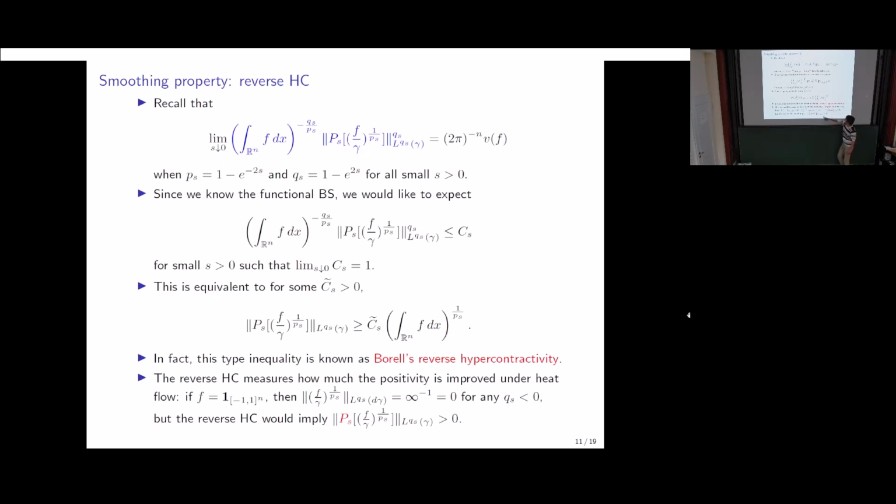So therefore, this is also positive. So in some sense, reverse hypercontractivity means that the regularized function under the heat flow should be positive on the whole space. And moreover, this exponent P and Q measures how much the positivity is improved quantitatively.